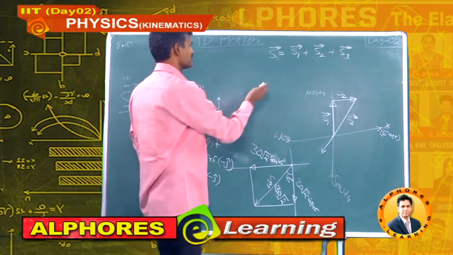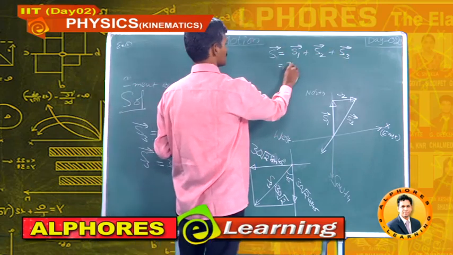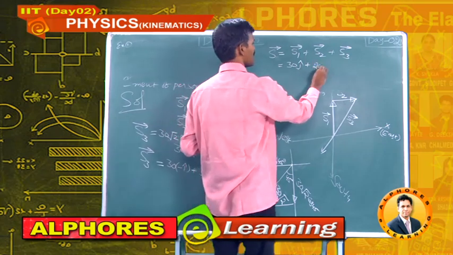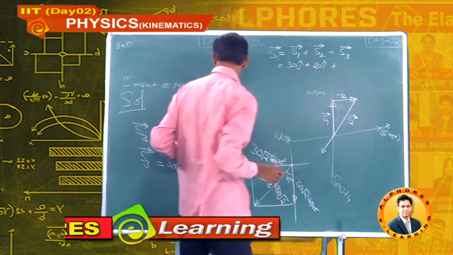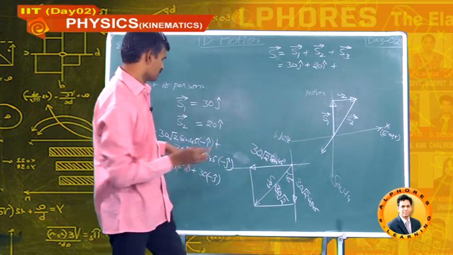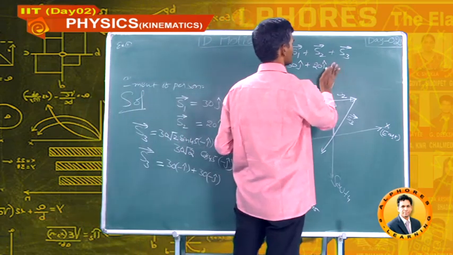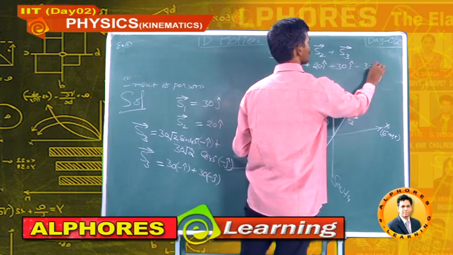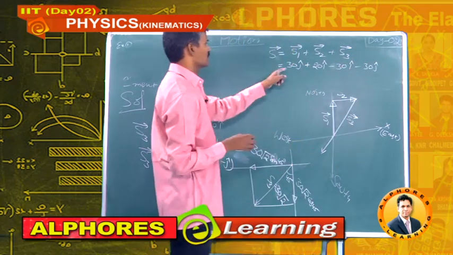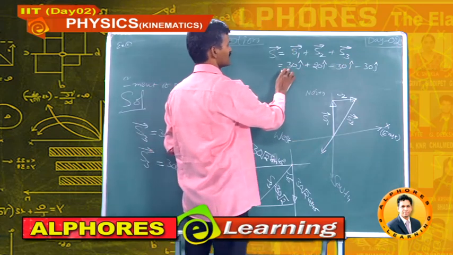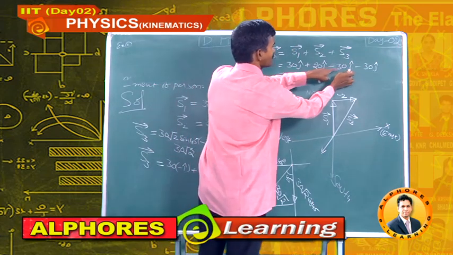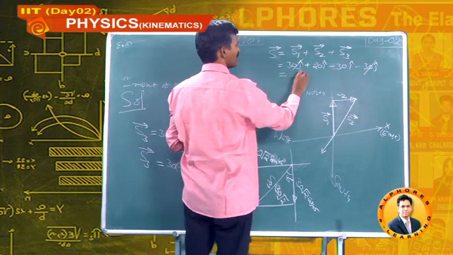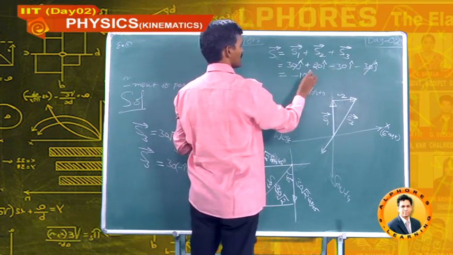Our S1 bar is 30 j cap, S2 is 20 i cap, S3 is minus 30 i cap minus 30 j cap. On solving this, the 30 j cap and minus 30 j cap get cancelled. So it is minus 10 i cap.